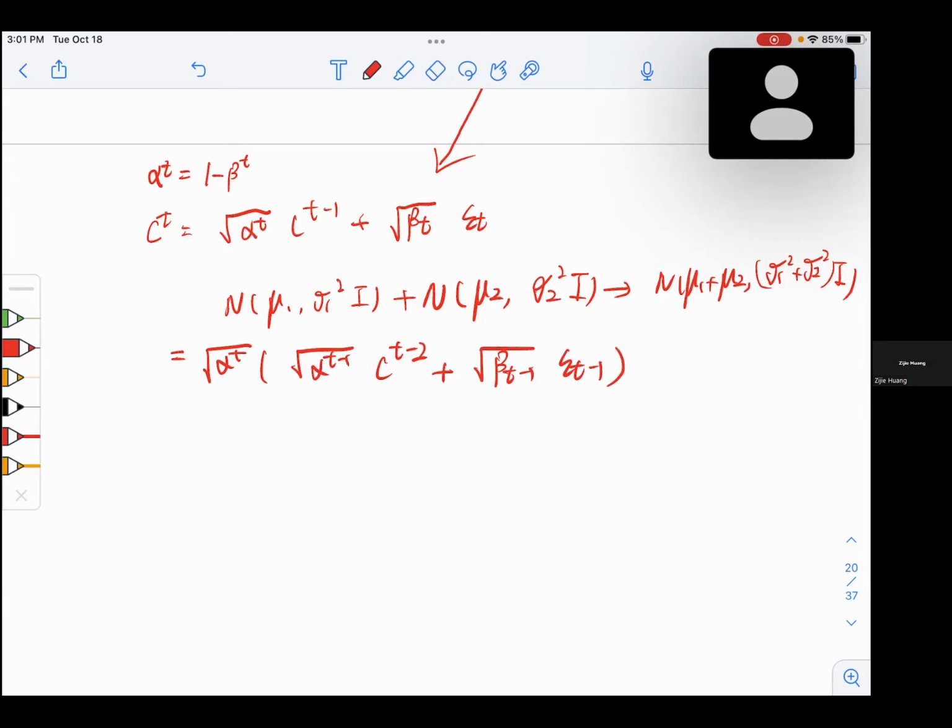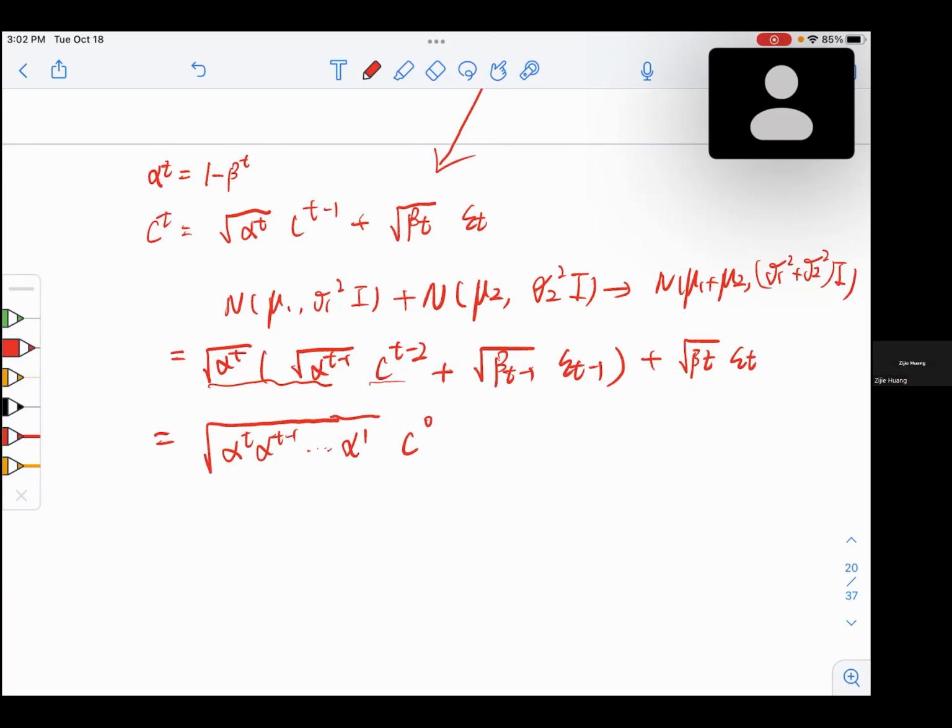Each of these epsilon t minus 1, epsilon t is just a standard Gaussian. We expand until we reach C0. What this gives us is the multiplication of alpha t minus 1 until alpha 1 on C0, as we further expand t minus 1 into smaller loops.